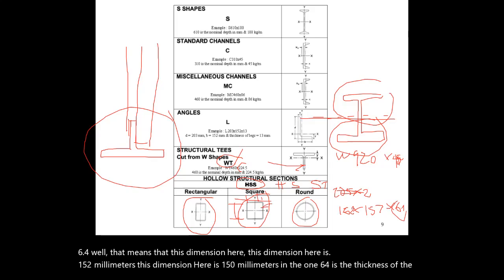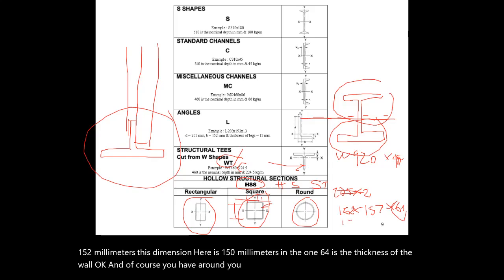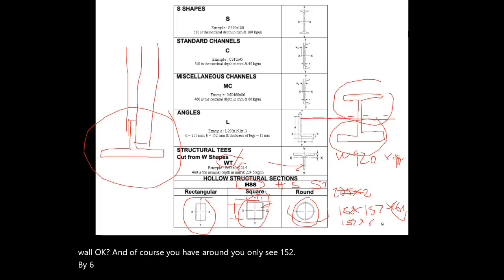And of course, for round, you only see 152 by 6.4. That means it's a round shape, and the wall thickness here is 6.4.